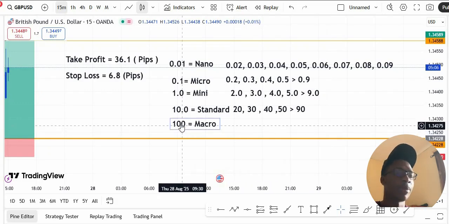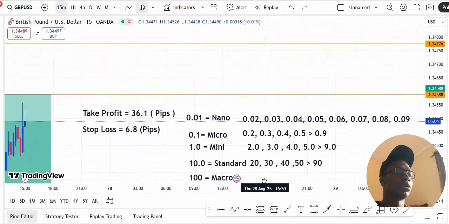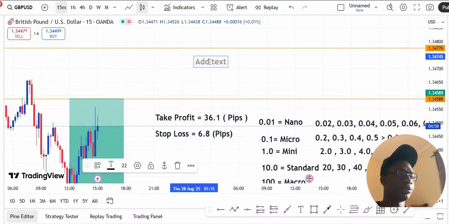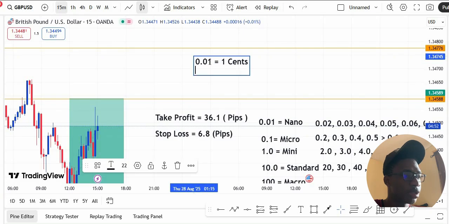That's for the macro. So let me jot it down. For the nano, for the 0.01, it's going to be giving you 1 cent. Get what I mean?